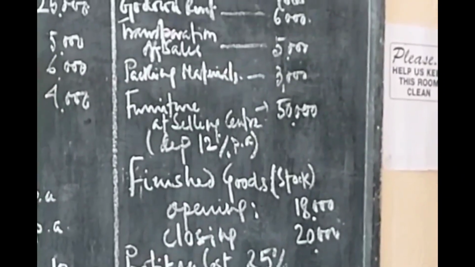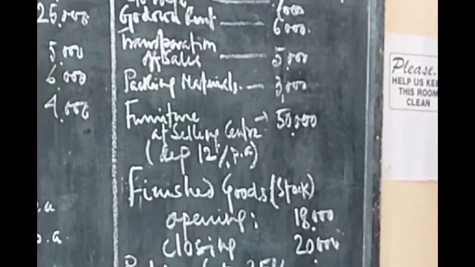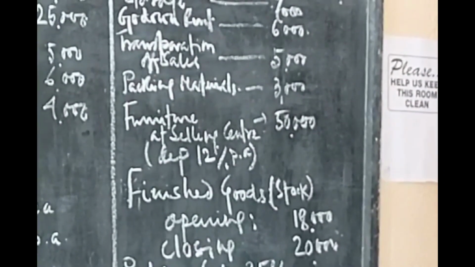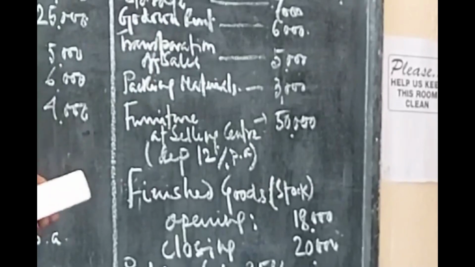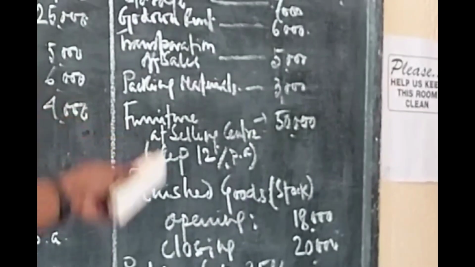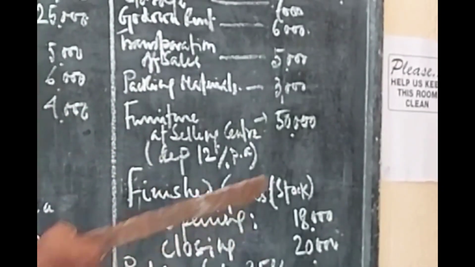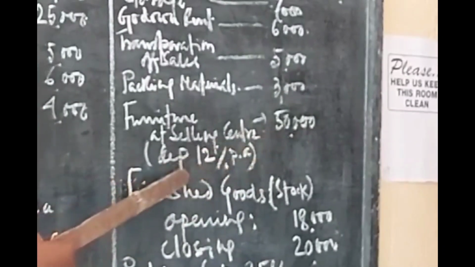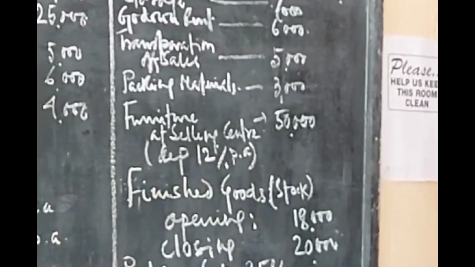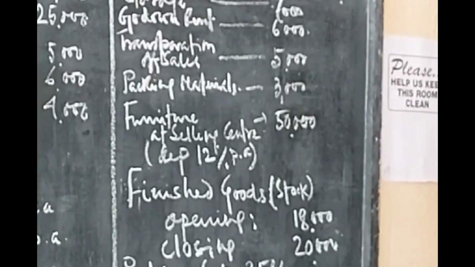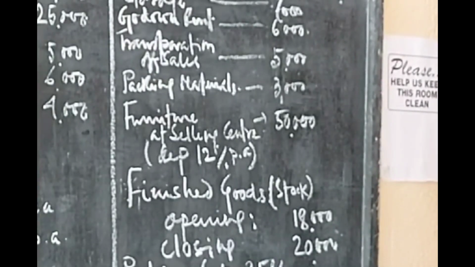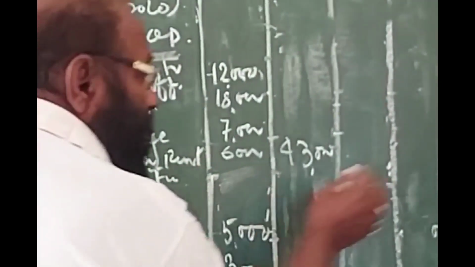Sorry, some of the things are still there. One thing is furniture at the sales center. How much is it? It is 50,000. So the selling center has furniture of 50,000 and it has a depreciation of 12%. So 6,000 is a loss. It should be added to that. Depreciation on furniture, 12%, 6,000.